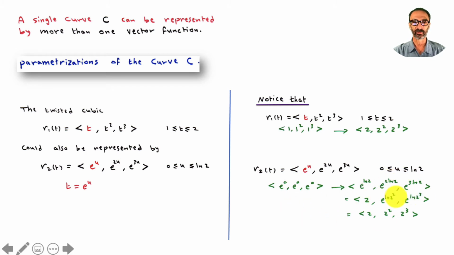So I did that for you, and now ln and e cancel, and you end up with 2 to the second, and here the same concept, you end up with 2 to the third, exactly the same answer. Just to give you an idea that parametric curves could be written in different ways. Kind of like you use functions in calculus and use substitution and use u. It looks different, and the limits of the integral look different, but you are actually referring to the same area under the curve and the same problem.